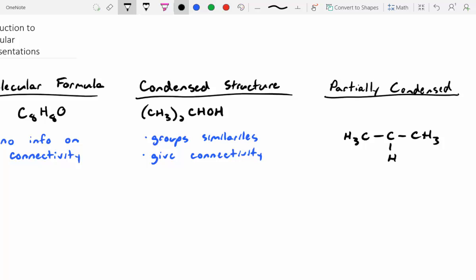And we'll have a hydrogen coming off here, and we'll have an OH coming off here. So we abbreviate functional groups. And I abbreviate functional groups FG. And this is a pretty clear way of showing connectivity in an unambiguous way. However, it takes a lot of time. You have to draw each individual atom. You have to show all the individual bonds. Chemists don't have time for that. So we speed things up a little bit by using something called the bond line structure.